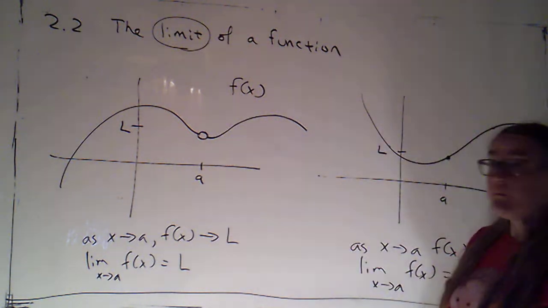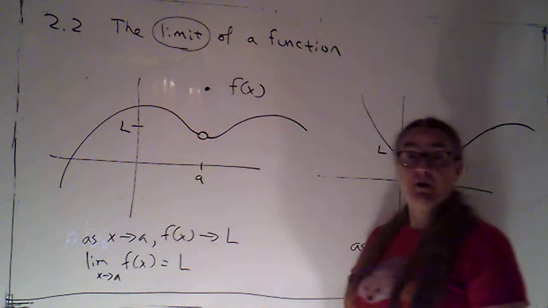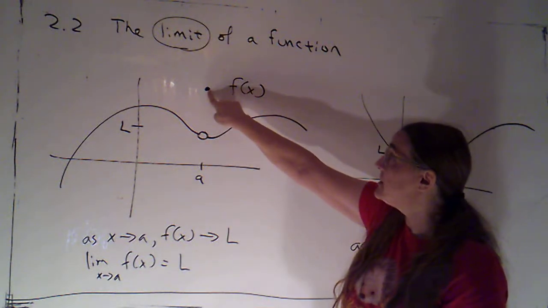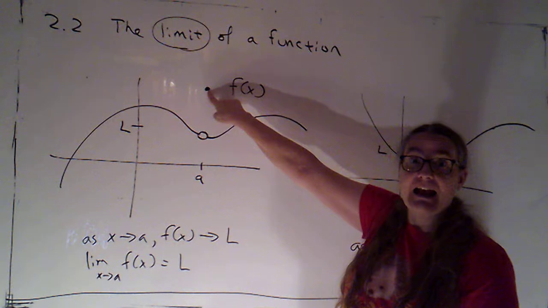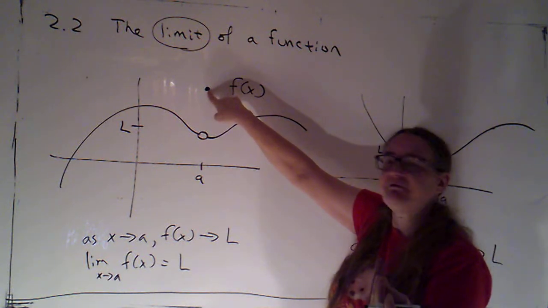I'll just point out, I could put a point up here. So now the y value of this point would be f of A. That would be what I get when I plug A into f.